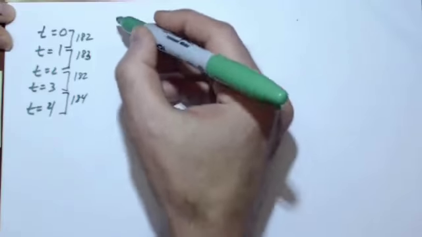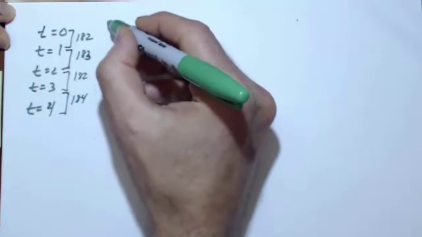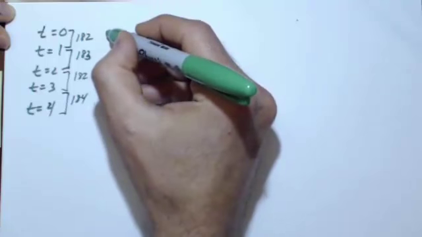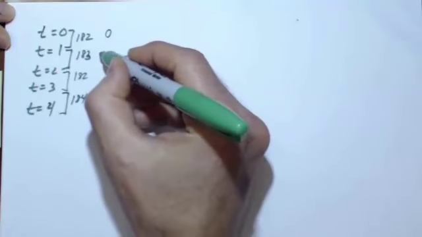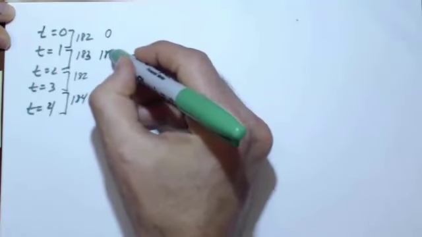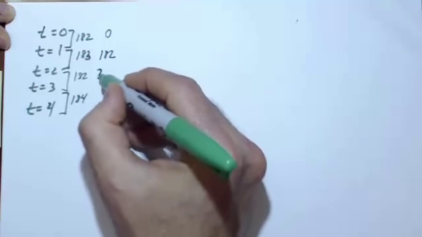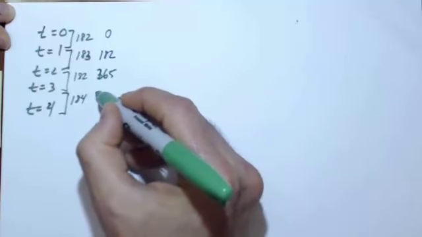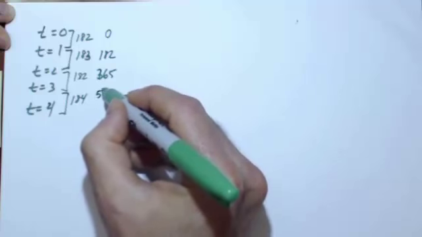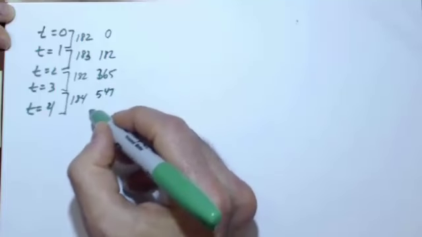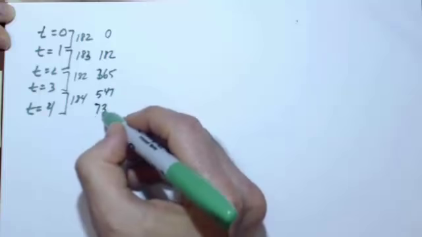Okay, so now what we have is the cumulative days. We start off at time 0, then we go up 182, 365, 547, and finally 731 days.